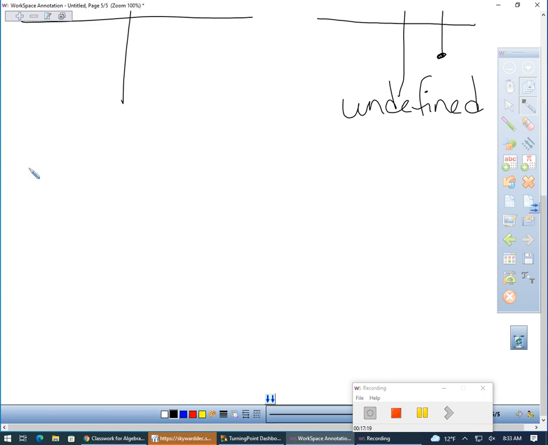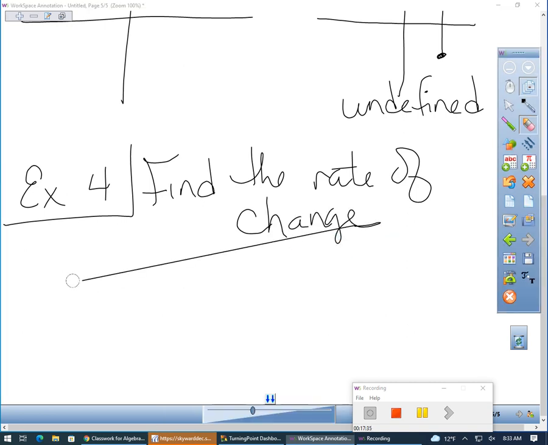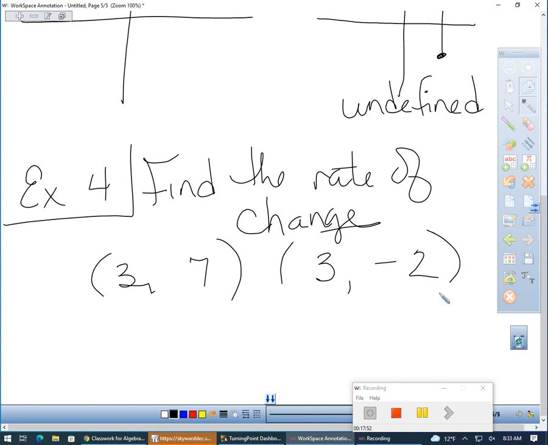All right, so here's example number 4. Find the rate of change. Say I have (3, 7) and let's say I have (3, -2). So again, this is my x1, y1.